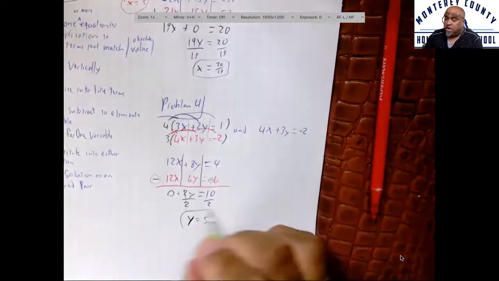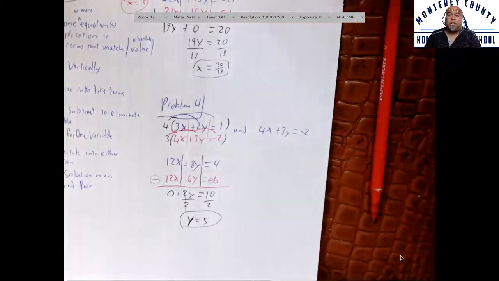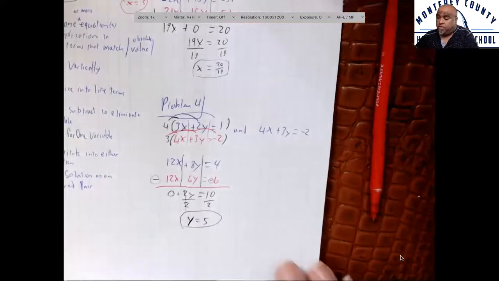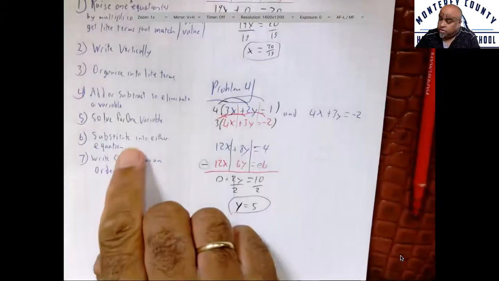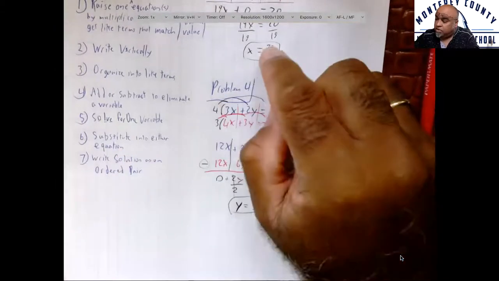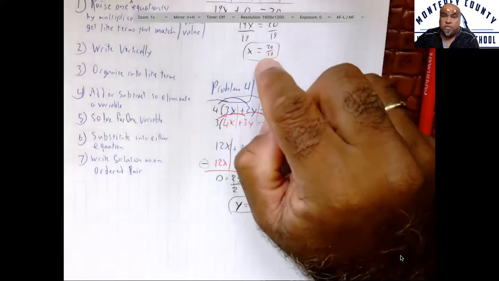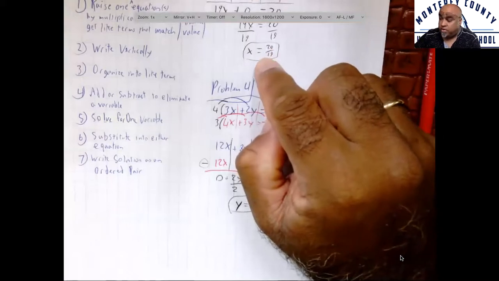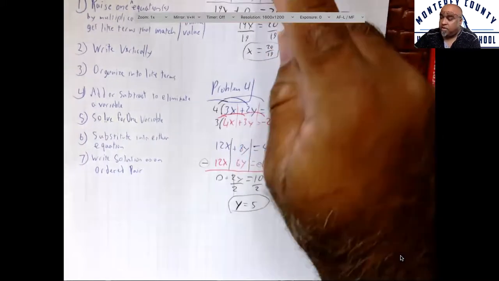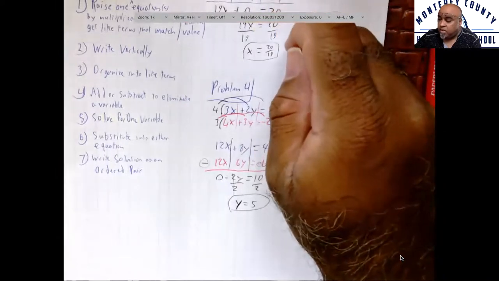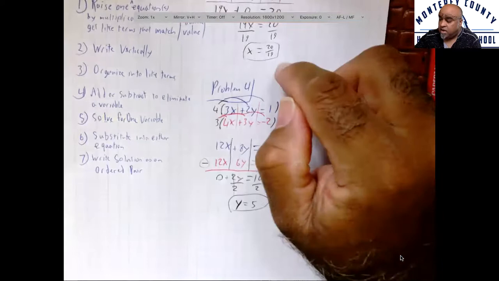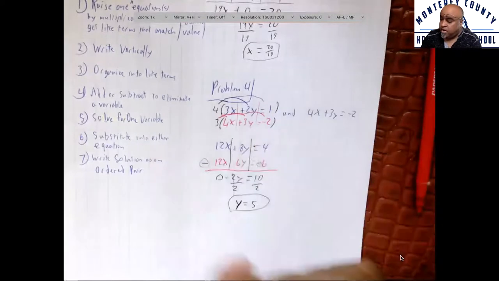Now, to save time and not make this lesson excruciatingly long, I want to remind you of the other steps. Once you solve for one variable, you have to substitute it in either equation. So for example, in this one, I have x is equal to 20 over 19. I have to substitute that in as the value of x somewhere, and then solve so I can get an x and a y, so I can get an ordered pair.